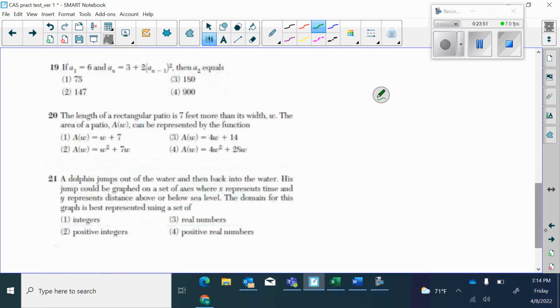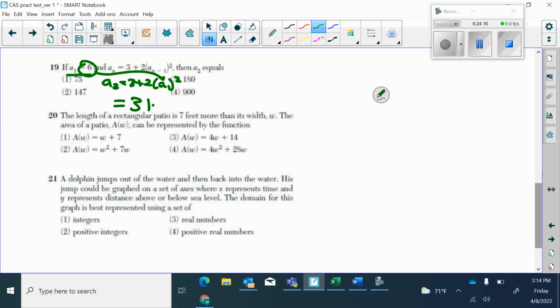Okay, now here we have our recursive formula. Remember, in a recursive formula, they have to give you a sub 1, always. So a sub 2 would equal 3 plus 2 times, I plug in a 2 there, I get a sub 1 squared. And I know what a sub 1 is, 6. So I just plug it into there.